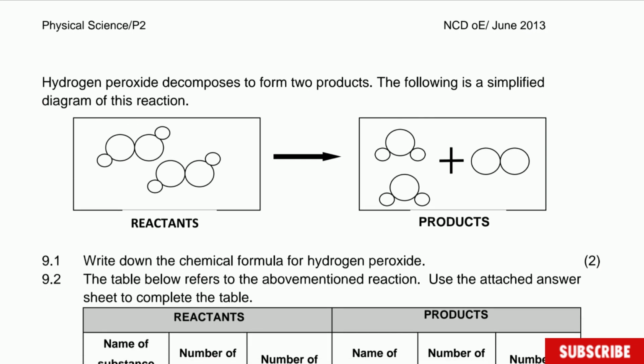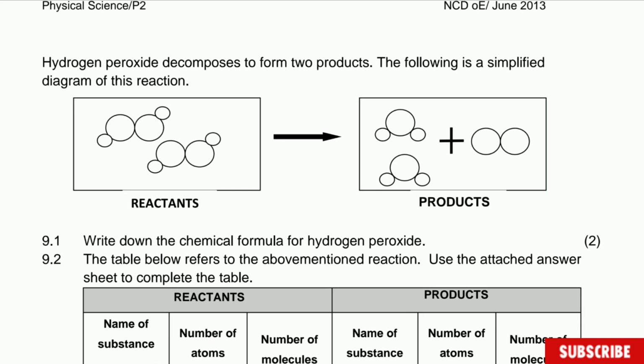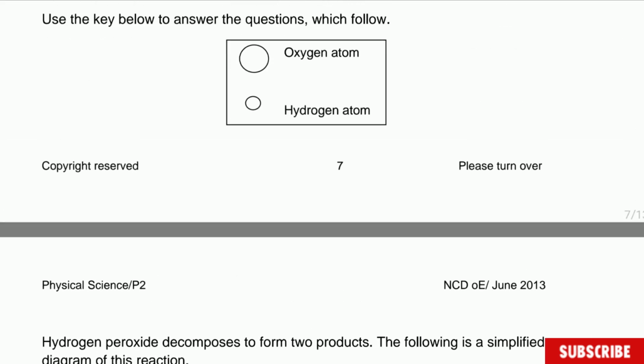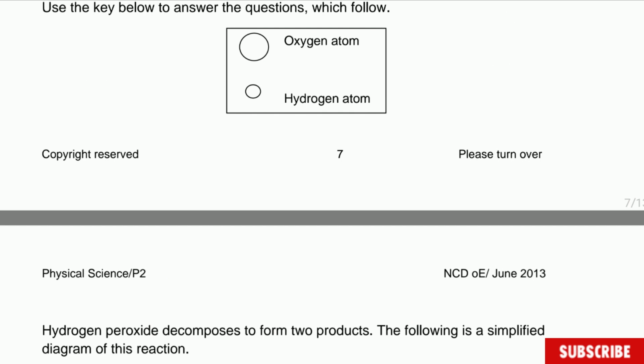Write down the chemical formula for hydrogen peroxide. Now hydrogen peroxide, if you go to the reactant, is going to be the combination of two oxygens, as you can see here. This one is oxygen. If you go back to the key they gave you, the big ones are the oxygen, and the small one is a hydrogen.